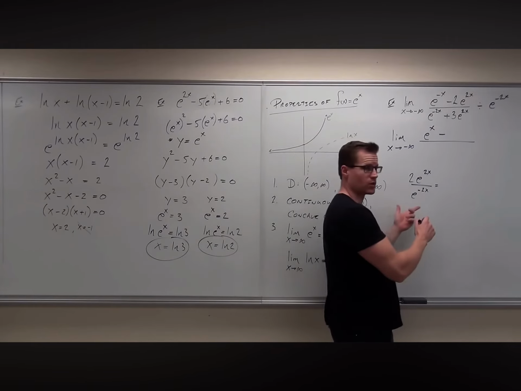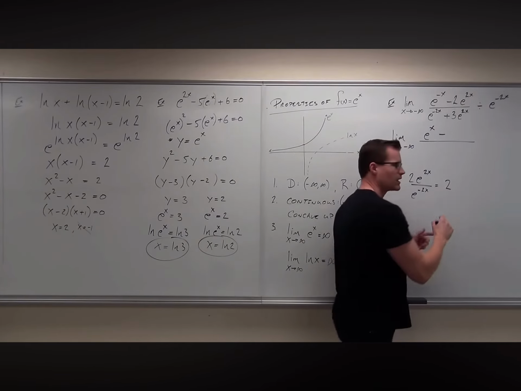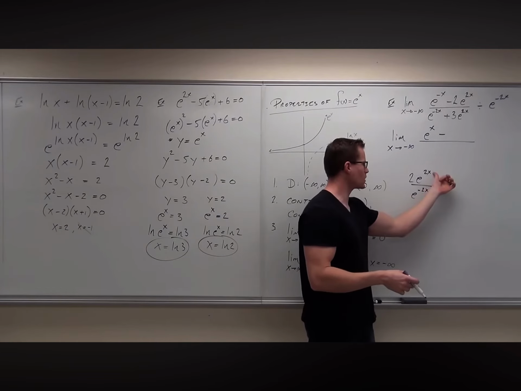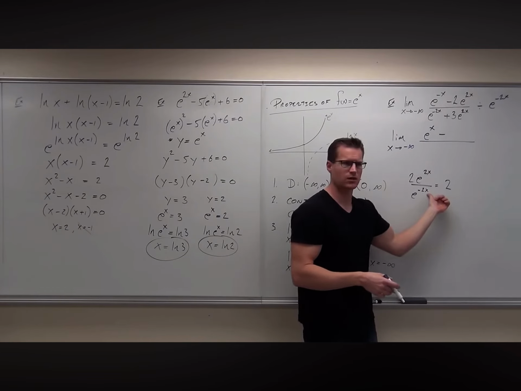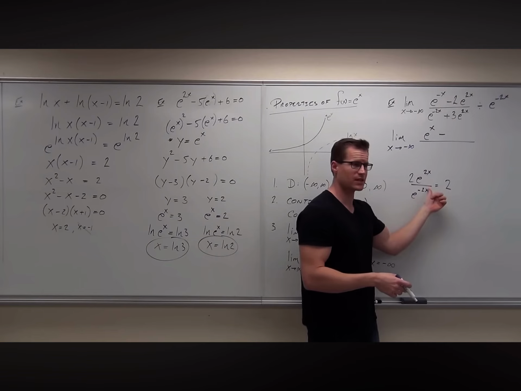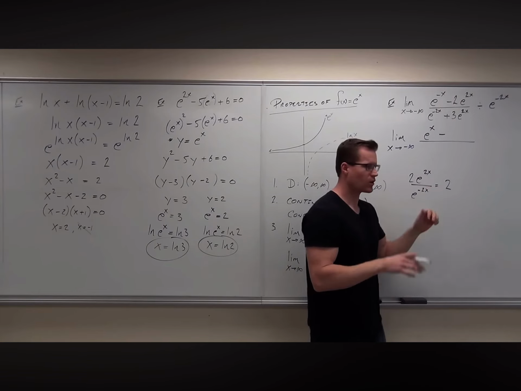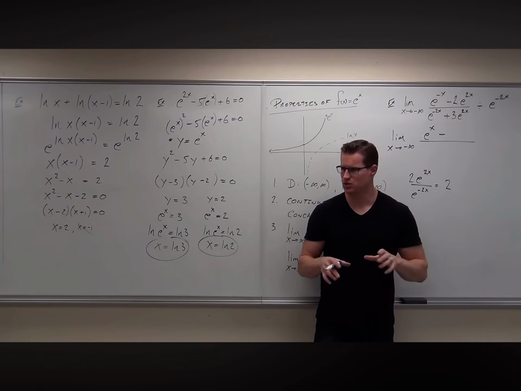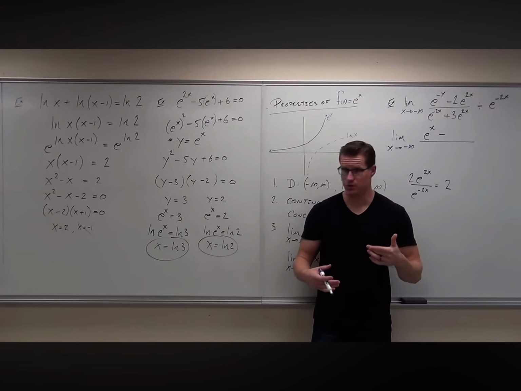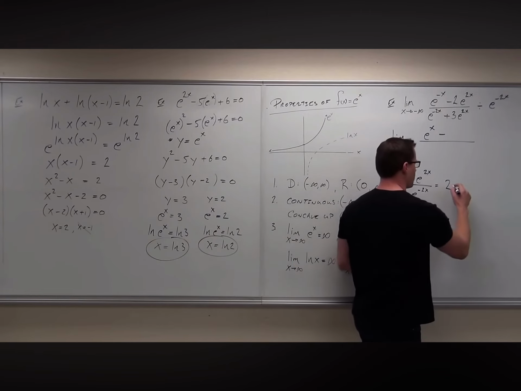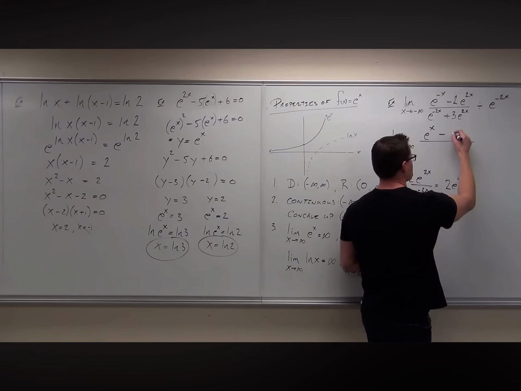We're still going to have the 2 though, right? Again, what do you do when you have exponents over exponents? You add or subtract? 2 minus negative 2. That's e to the how much? Are you okay with these? Do you see where these are coming from? So 2e to the 4x. Okay, that's cool.